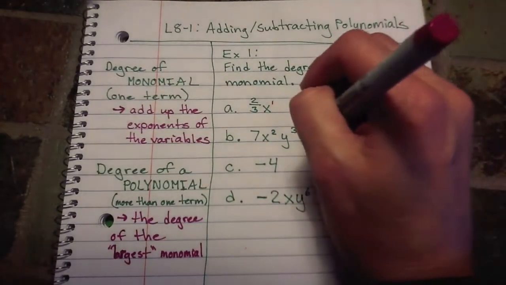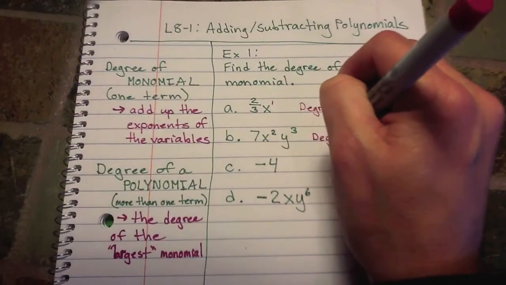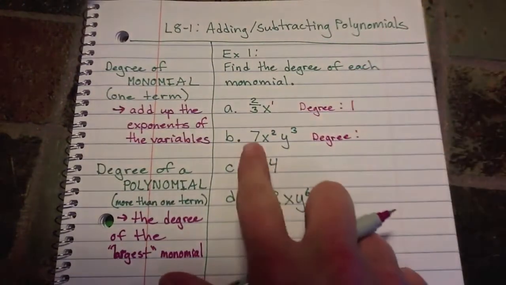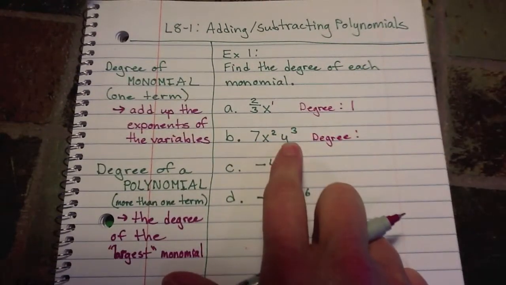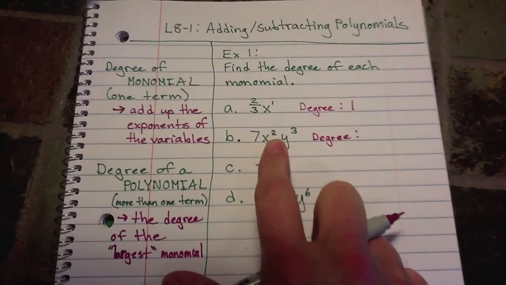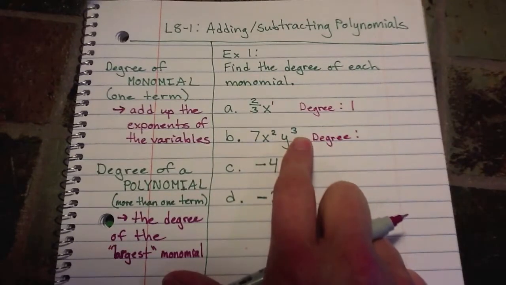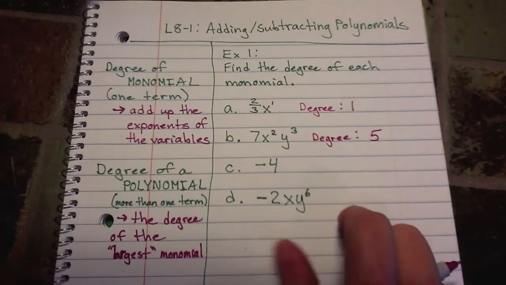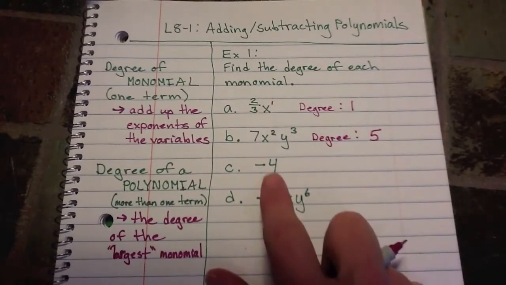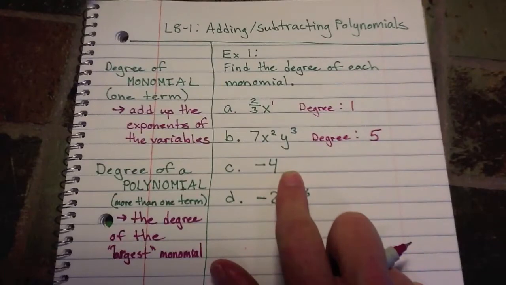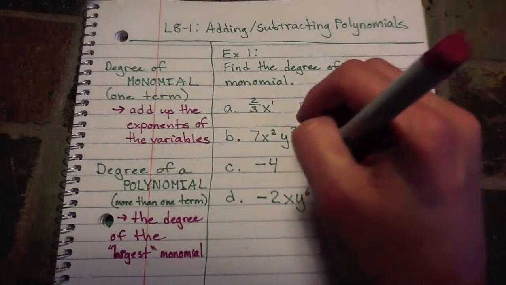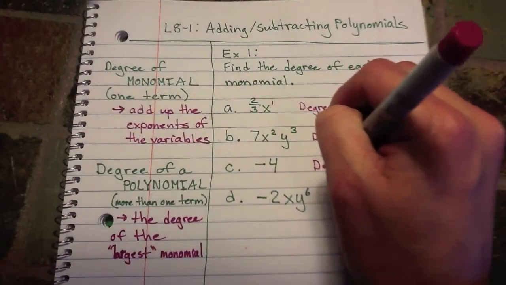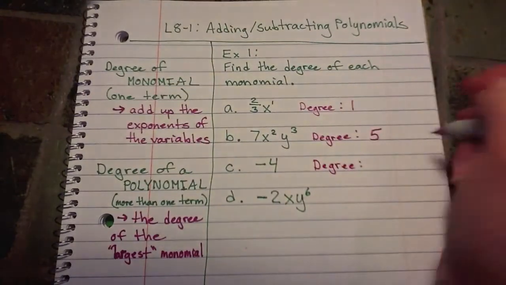On this one, and you always want to write that it's your degree you're finding, there's a variable, I add up my exponents, I have 2 plus 3, and that is 5. So my degree of that monomial is 5. Here, I have no variable, so hopefully most of you know that means your degree is 0.